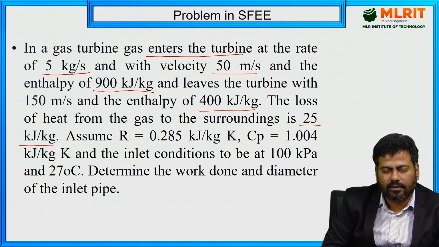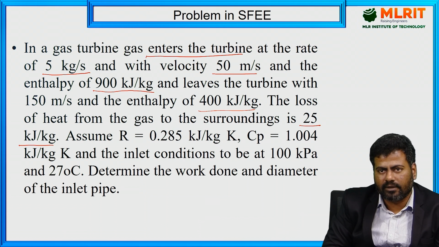and they have given the gas constants also. R equals 0.285 kilojoule per kilogram Kelvin, the gas constant, and the Cp value is also given. If I know Cp and R, I can calculate Cv also.